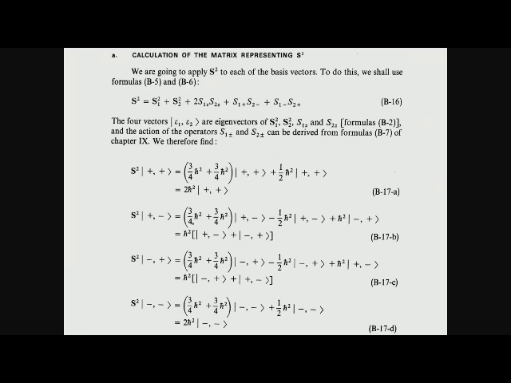So when I apply this operator to this, the first term will be the same in each case. And the last term will be 0 for up-up and down-down, and we get the cross terms for the intermediate ones. So if we are acting on the spin up, spin down state, we get both spin up, spin down, and spin down, spin up.